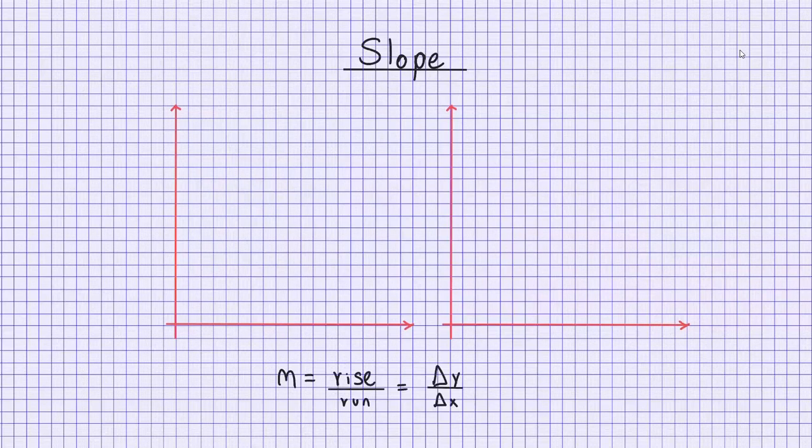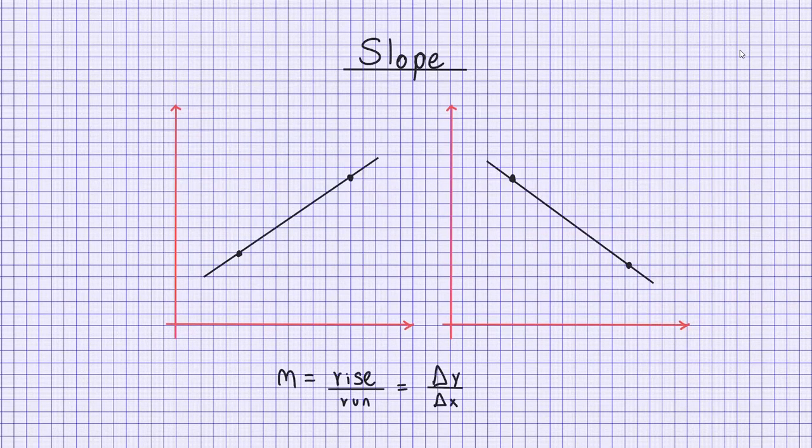So let's do a little lining here and another lining here. You compare them. And let's select 2 points. It doesn't matter what point we select. I'll just try this one here, and this one here.